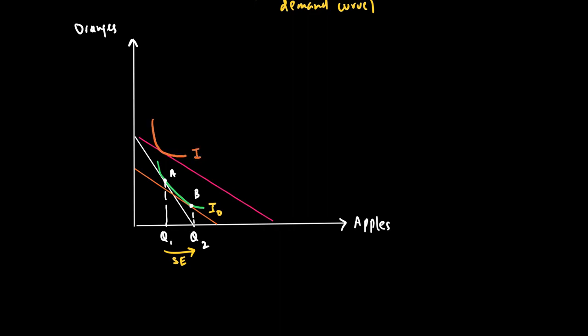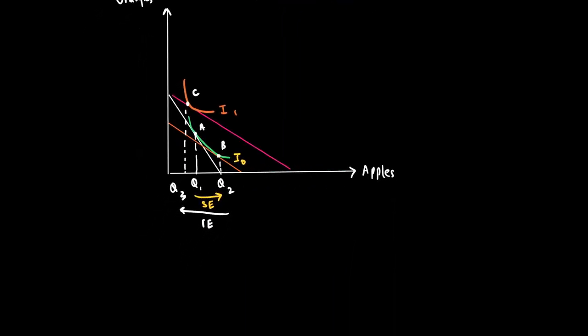But see what is happening here. My new indifference curve is drawn in such a manner that I have ultimately ended up at Q3, which is even below my first point. The income effect is much more powerful, so much so that it has completely outweighed my substitution effect.